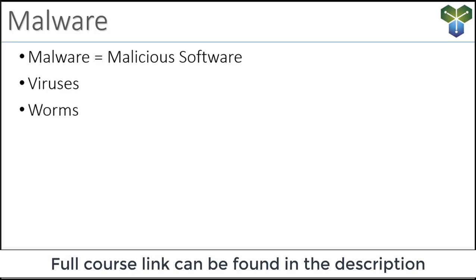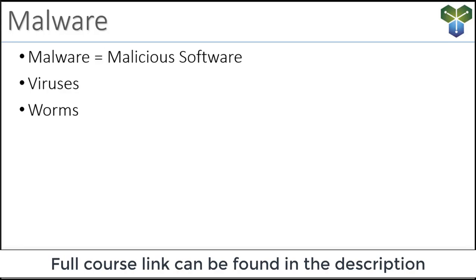A worm replicates on its own. A worm does not require any user interaction. And one of the most infamous worms was the I Love You worm, which spread through email back in around the year 2000, affecting millions of computers worldwide.